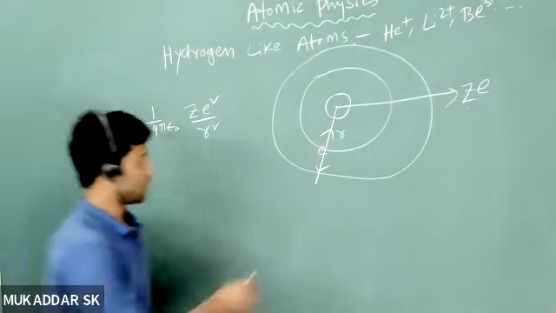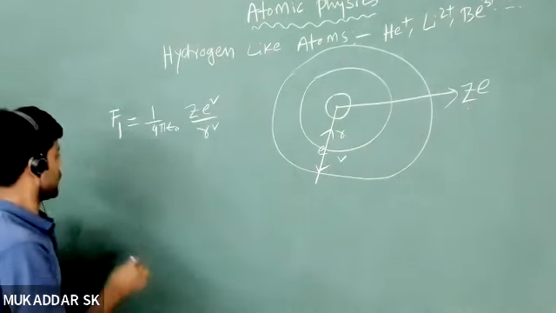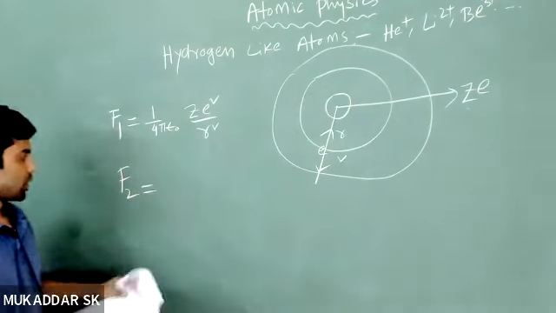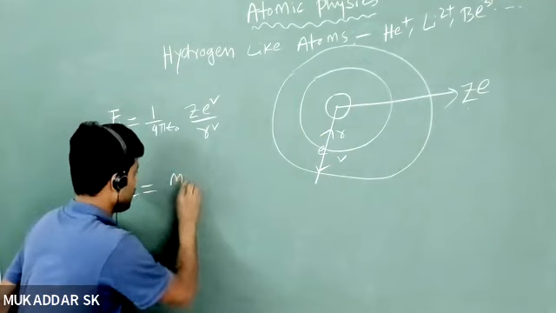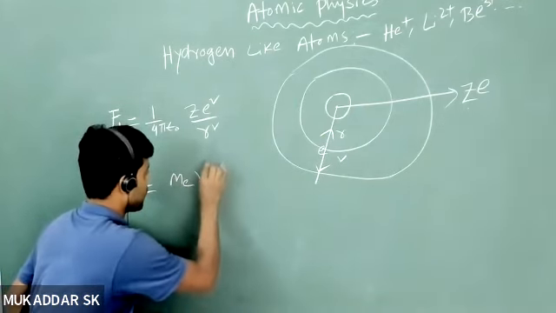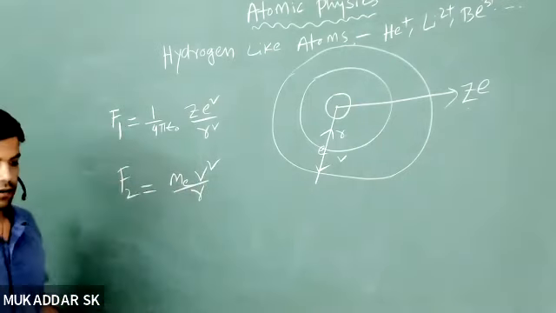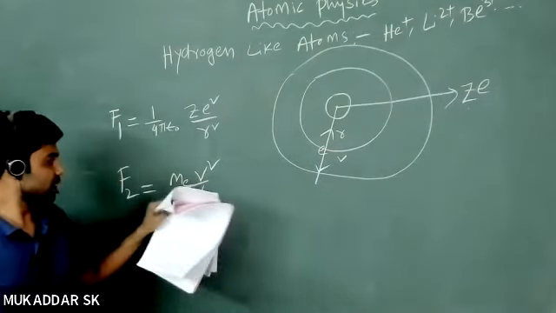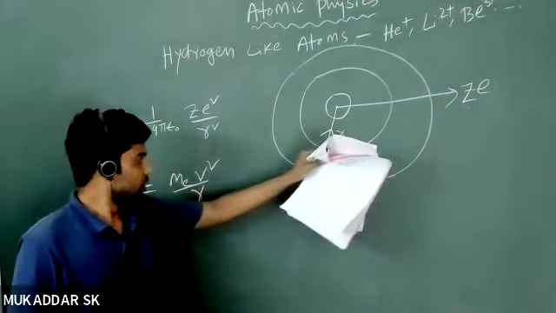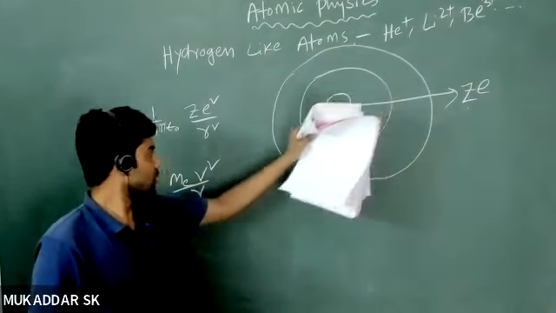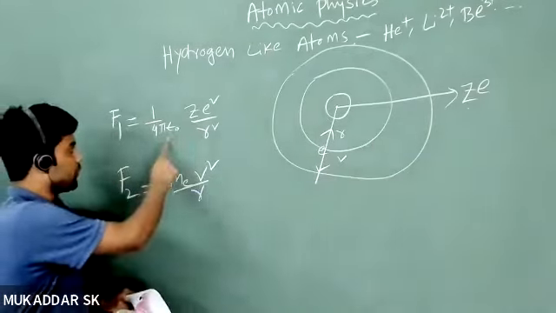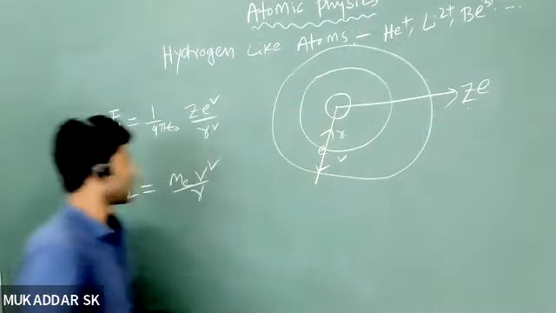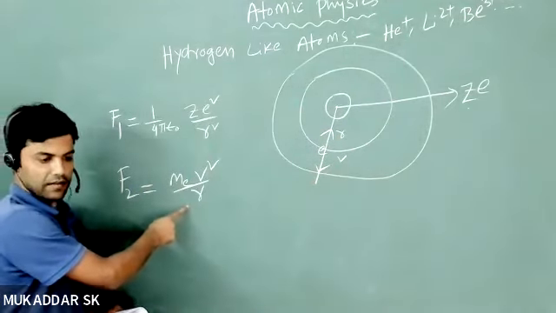If the speed of revolution is v, the centrifugal force will be m e v square divided by r, where m e is the mass of the electron. So the centrifugal force acts outwards, and the Coulombic force acts inwards, that is 1 by 4 pi epsilon naught Z e square by r square. Since this orbit is stable, these two forces are balanced.